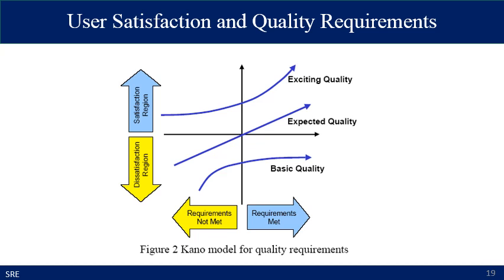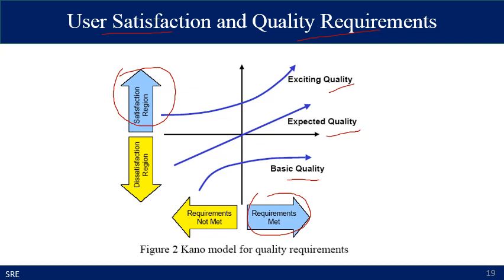This is a very aesthetic way to represent user satisfaction and quality requirements. Two parameters are measured: one is the satisfaction of the user, and the second is the requirements being met. As you meet the requirements, most often you are moving towards better quality of your product.